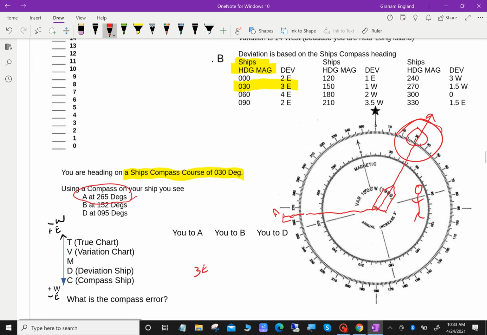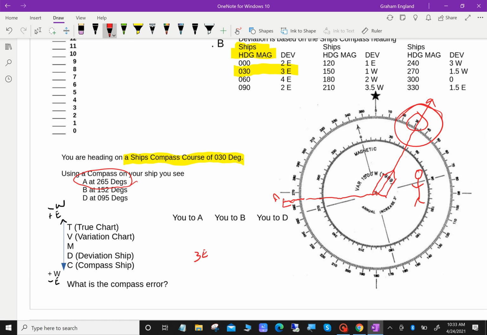That was 265. So I'm going up. Do I add east or subtract east? I add it. So 265 plus 3 is 268.